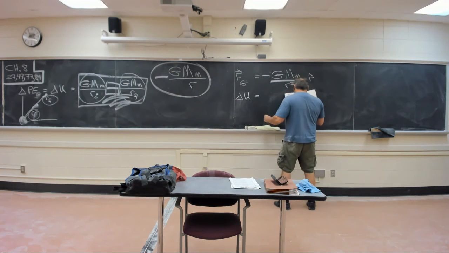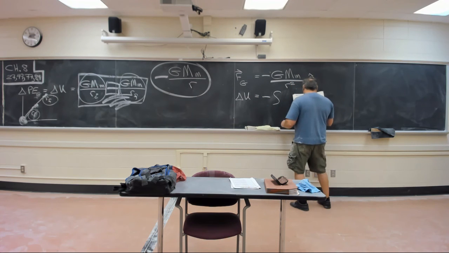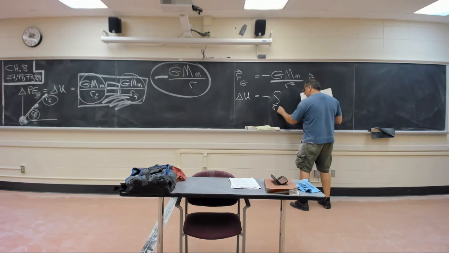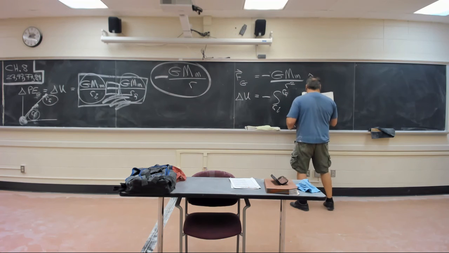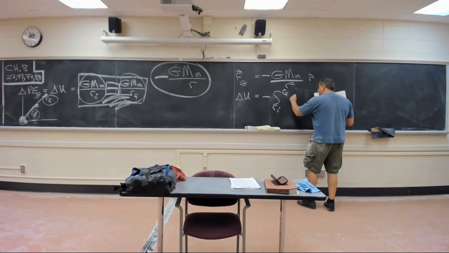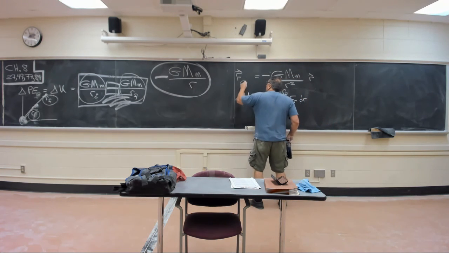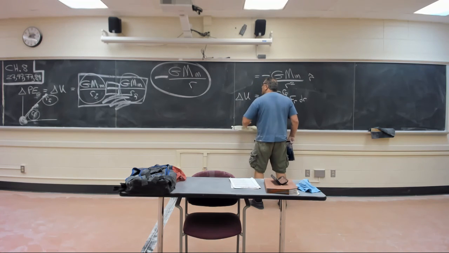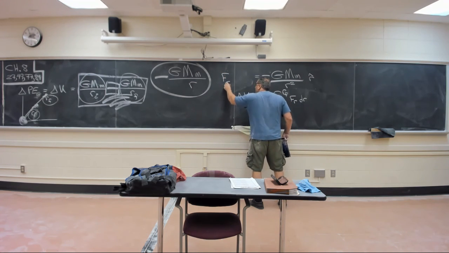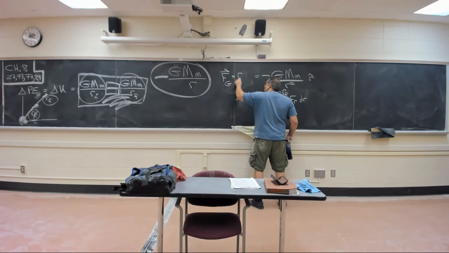Delta U, change in potential energy, they keep the negative, guys, and they go RI, RF, F_r dr. The F_r is... I said I wasn't going to do that, now I'm doing it.